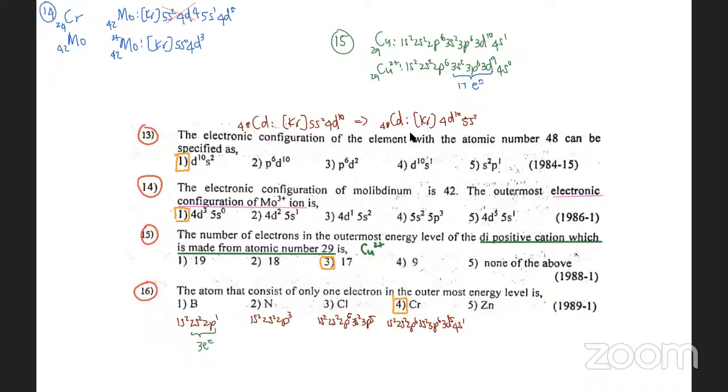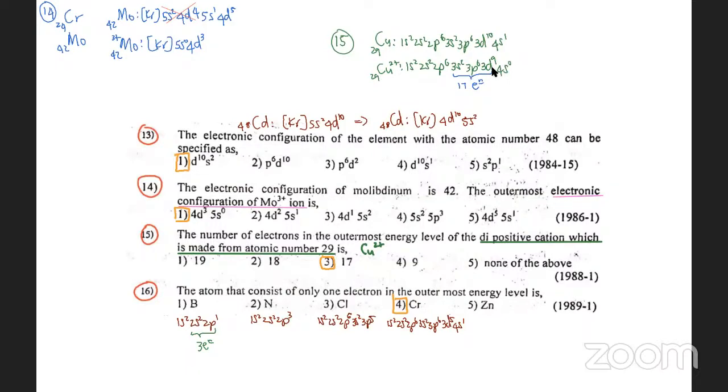So why isn't 4s0 the outermost? Because in that level there are no electrons anymore, so we don't consider it as an energy level occupying electrons. We consider only the first, second, third as the energy levels now. Copper 2+ has only 3 main energy levels which occupy electrons.